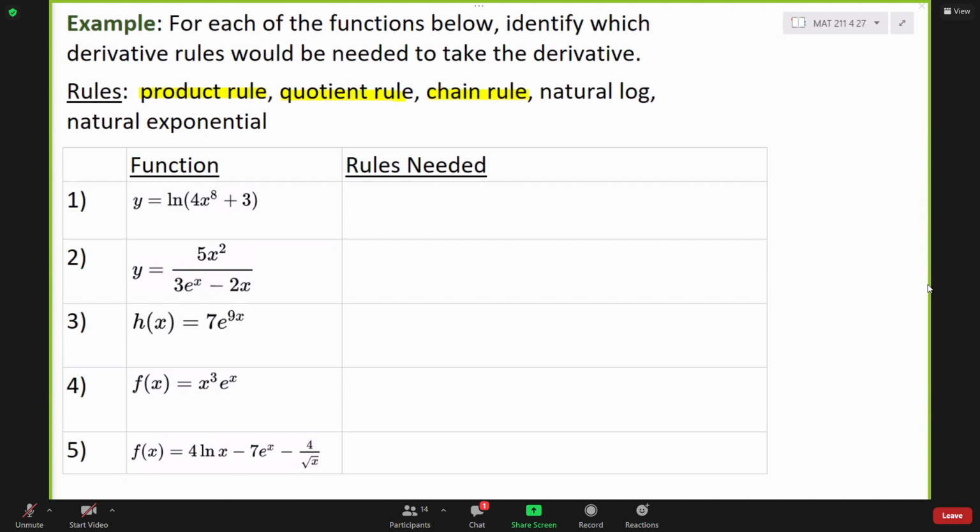Okay, so even if you are not finished or unsure, that's okay. I am going to launch a couple polls. The first poll is for you to choose which of these 5 require the product rule. You can choose more than one, but you don't have to.